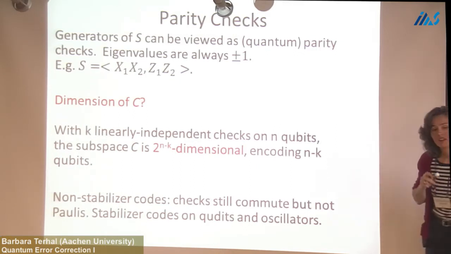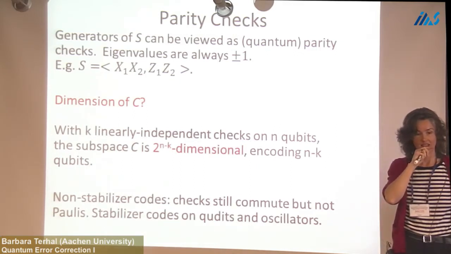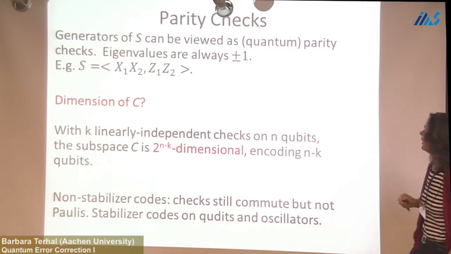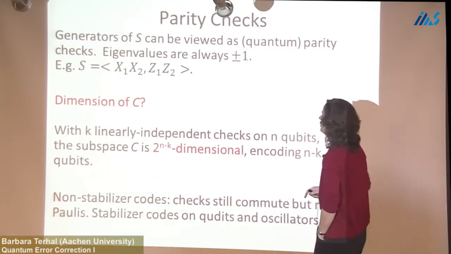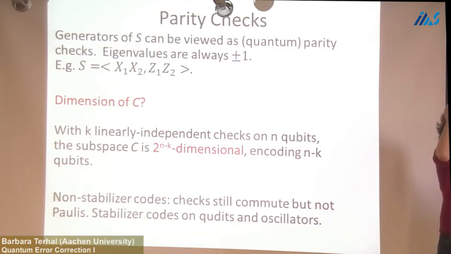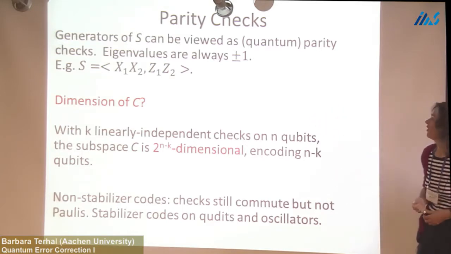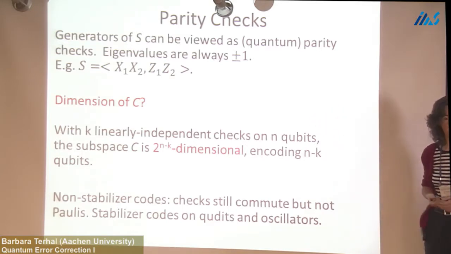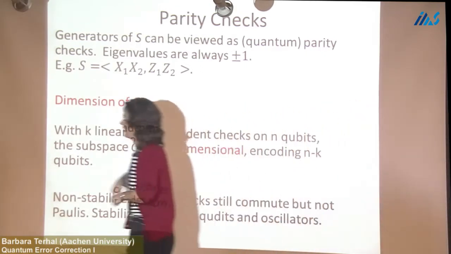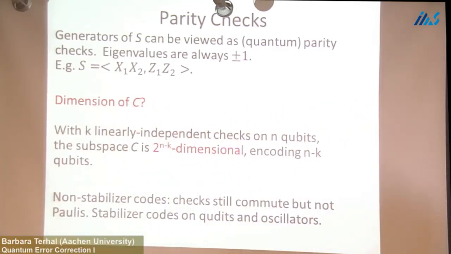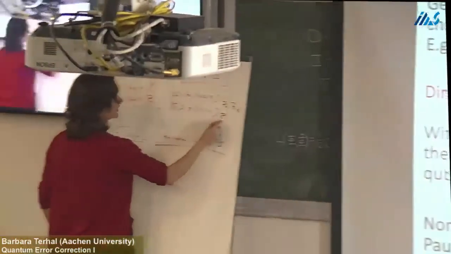Is there any reason why you only chose an even number of qubits so far? No, absolutely not. I can also look at classical codes, they are a part of this. So I can look at the 3-bit repetition code, and the checks are Z1, Z2, and Z3.